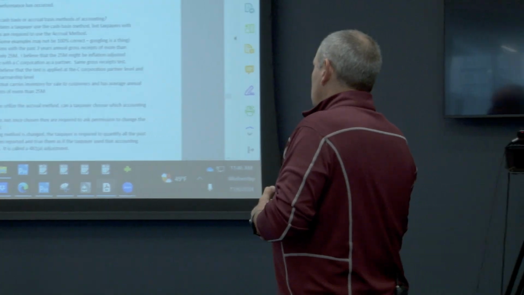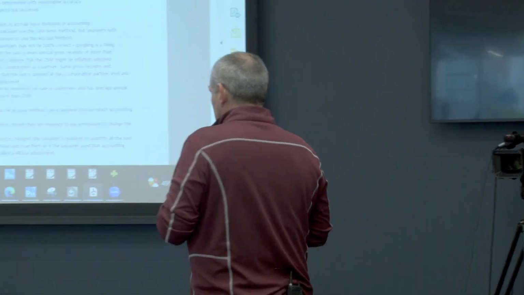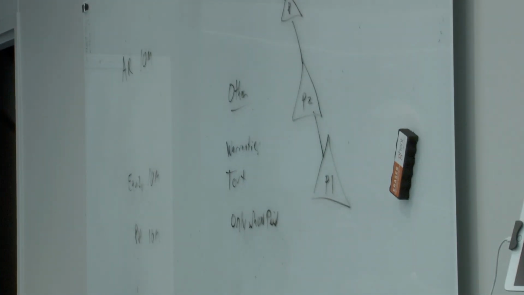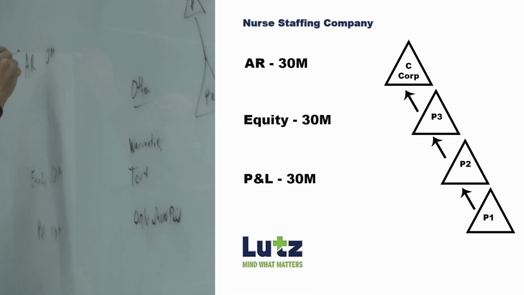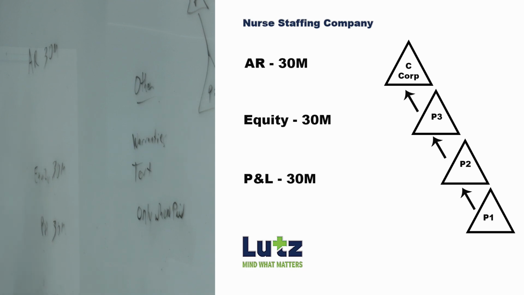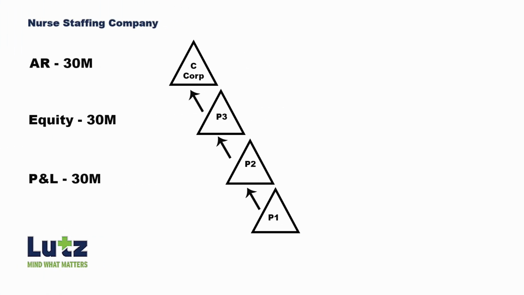Okay? But let's say that this is a nurse staffing company. Okay? And let's say that this is 30 million, 30 million, and 30 million, and our average gross receipts are, for the past 3 years, something more than 25.